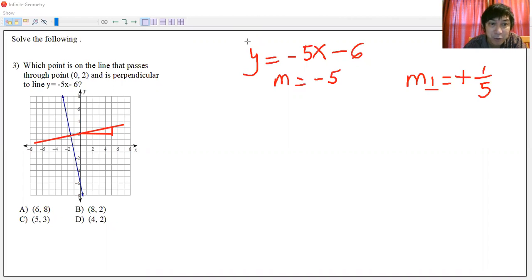So you can see the point 5, 3 there. And that should be somewhere here. There, okay? 5, 3. So we shall choose the letter C. That should be the required point.